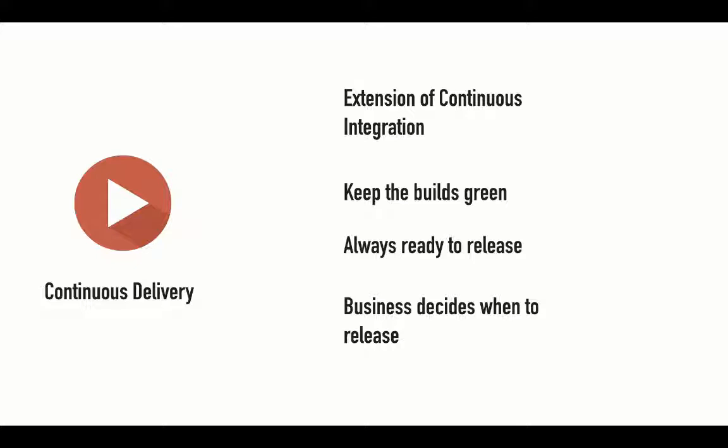Now, continuous delivery is an extension to continuous integration, where you have all the builds running green. So what that means is you may not deliver continuously, you may not release continuously, you may not deploy continuously, that's fine, but you're ready to do that with a click of a button, right? So your builds are green, each of the features is well tested, and it's typically the business decision to deploy, right?